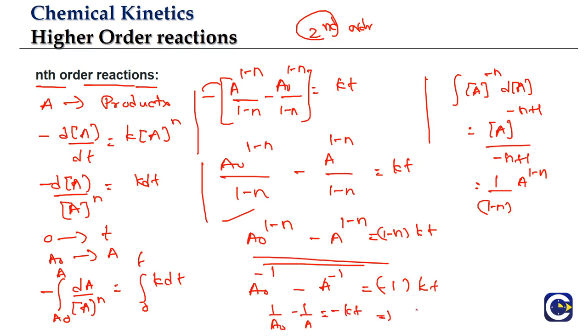Multiplying both sides with minus, what we have is 1 by a minus 1 by a naught is equal to kt. So we can just check in the previous discussion that we had this as the integrated rate expression for the second order reaction. So this result we can use for any nth order starting from the second order reaction.